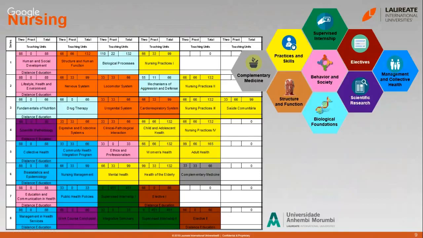The structure and function teaching units block begins in the first period with structure and human function, and goes on to the 5th period with other teaching units like nervous system, locomotor system, urogenital, cardiorespiratory, digestive and endocrine, and the clinical and pathological integration.